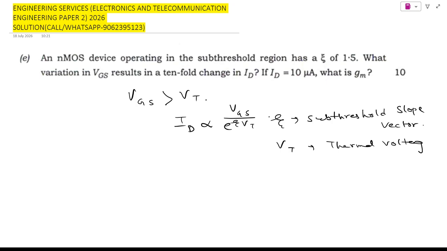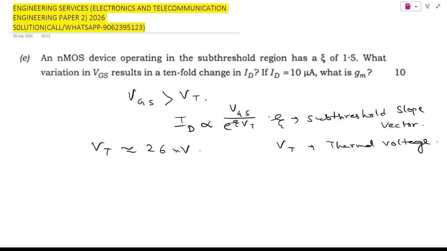At room temperature, this is near about 26 millivolts. This value appears repeatedly in MOSFET, diode and BJT problems.